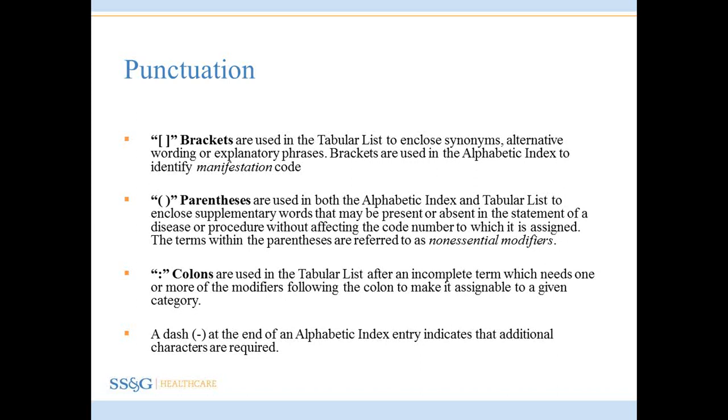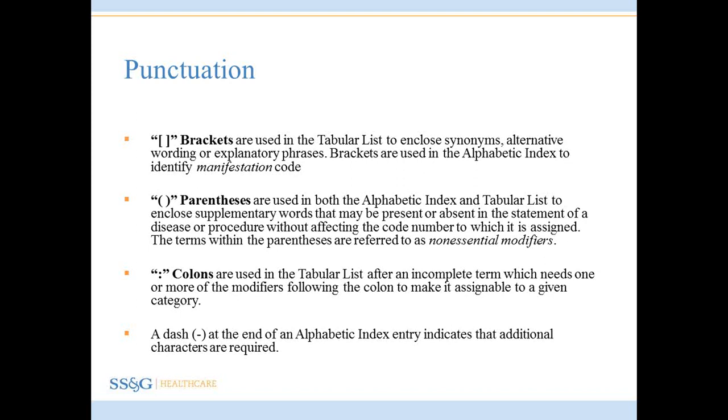The terms within the parentheses are referred to as non-essential modifiers. They're just helpful guides. Colons are used in the tabular list after an incomplete term, which needs one or more of the modifiers following the colon to make it assignable to a given category and complete the code.